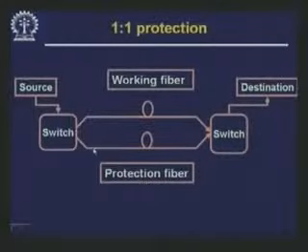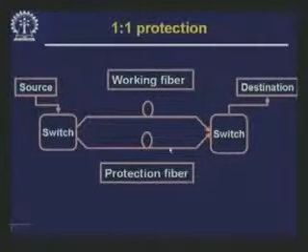The signal from the source is simply passing through the switch, then down the path through the destination switch to the final destination. If the working fiber goes down, then this switch as well as this switch will flip and the protection fiber would be in its place.